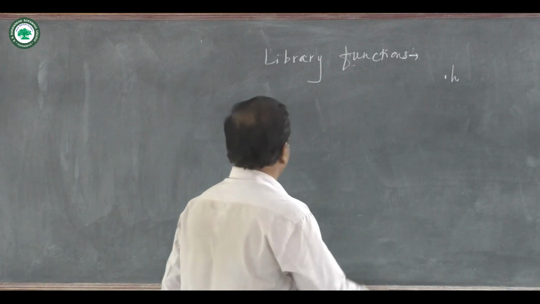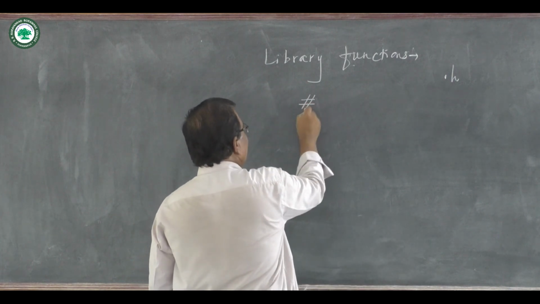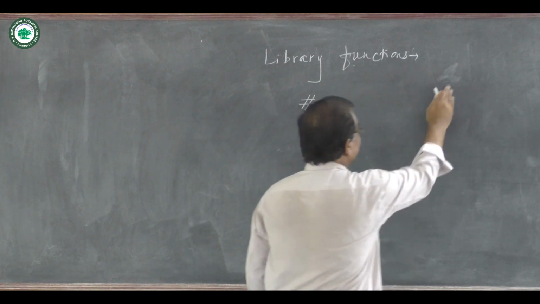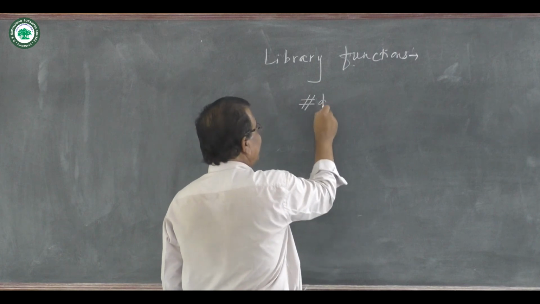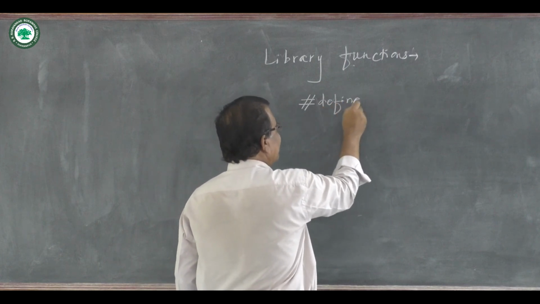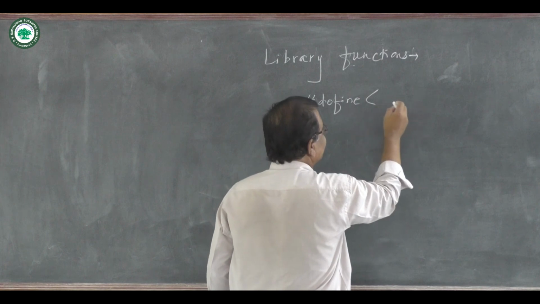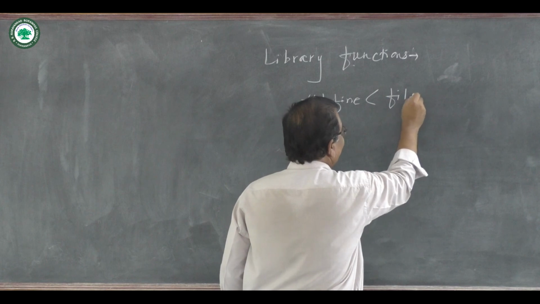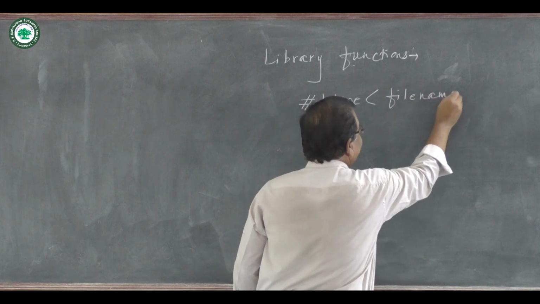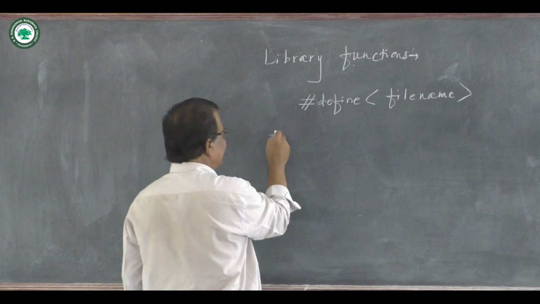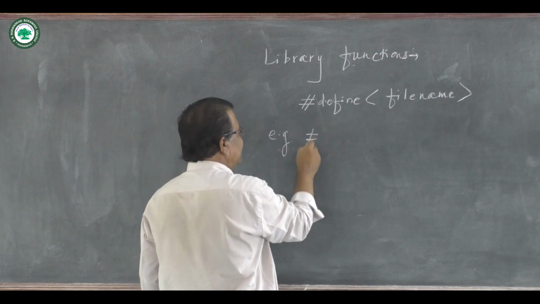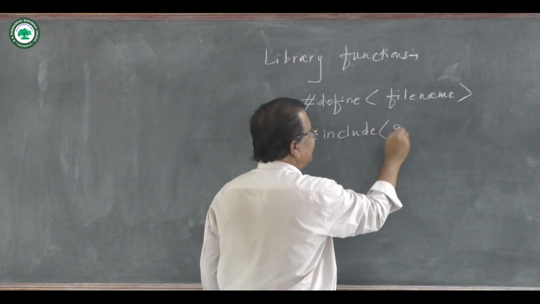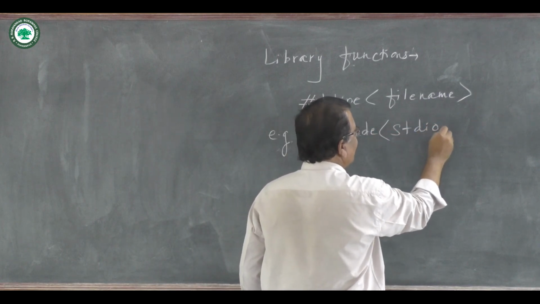Here is the general format of how these library functions are invoked or accessed in a C program. Hash include, and in this less than and greater than sign, file name with extension .h. Example is hash include stdio.h.